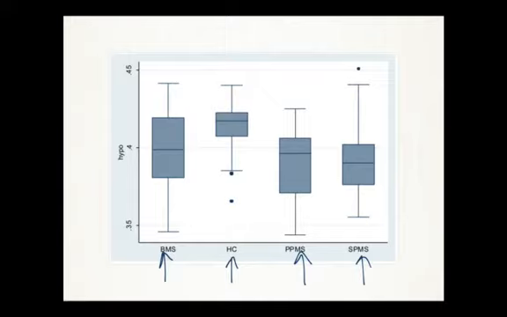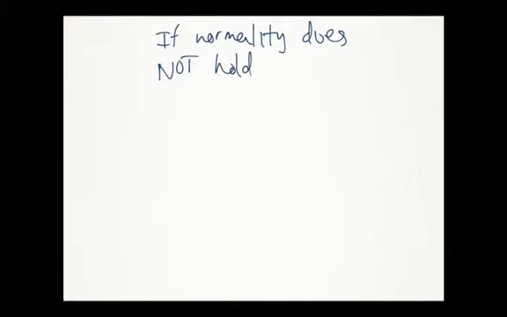And if normality doesn't hold, we have several options. One is, if normality does not hold, then we can transform the data.